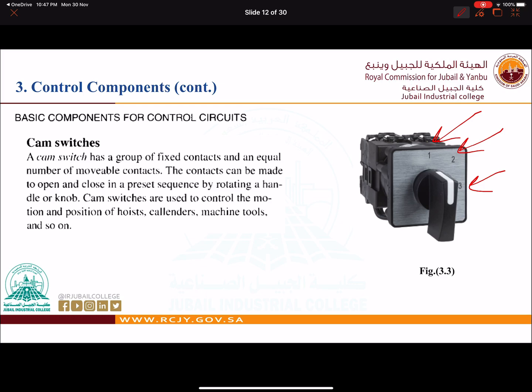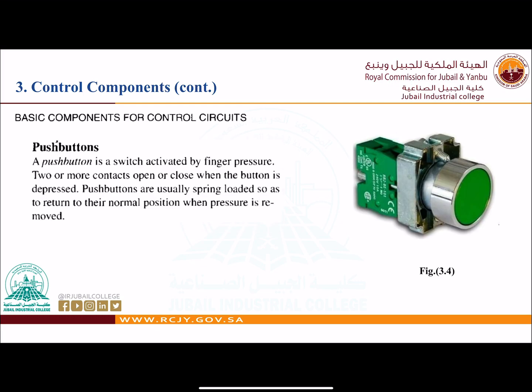So you can do many circuits with the cam switch. Now, for the push button, you know the push button. It is well known, and as you can see from this picture, this is a normal push button, activated by finger pressure.